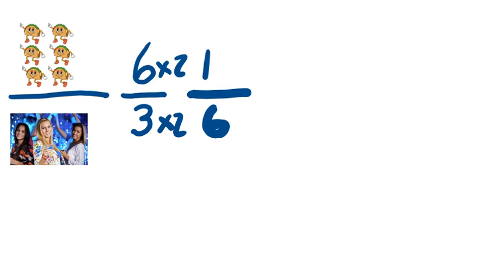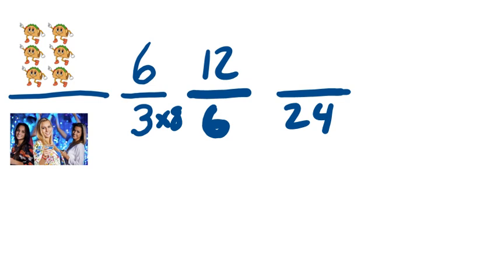That means I would need 12 tacos. But what if I had 8 times that many people show up? So now I have 3 times 8, which gives me 24 party goers, which means I need 8 times as many tacos. 6 times 8 is 48. That means I need 48 tacos.